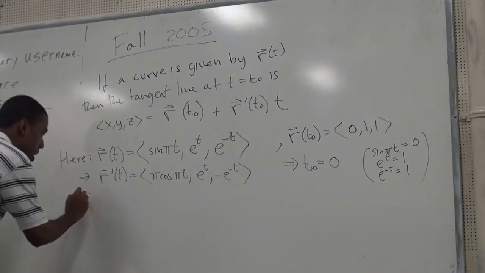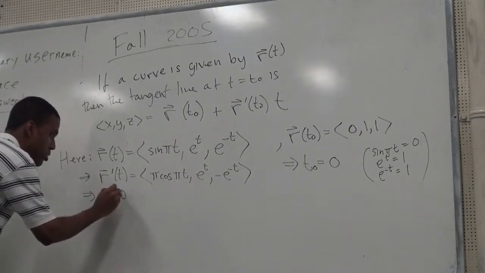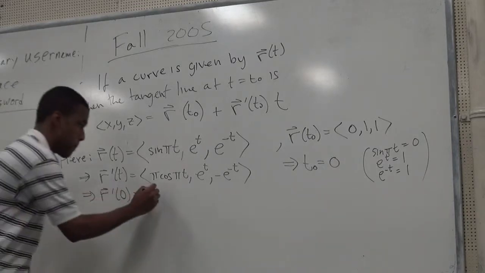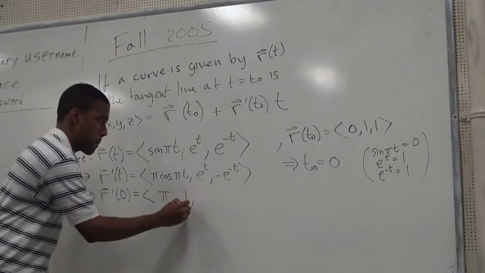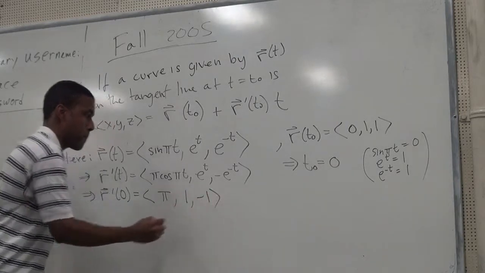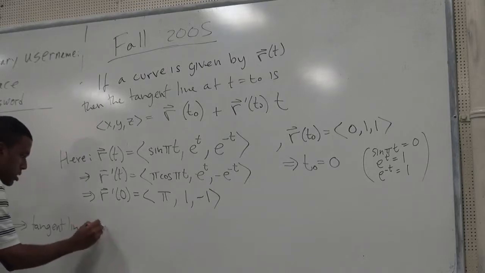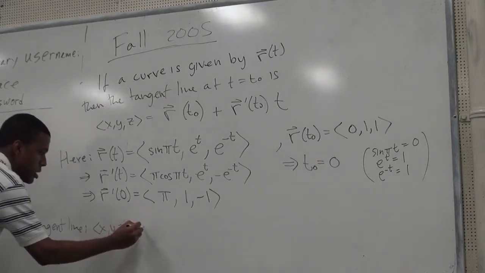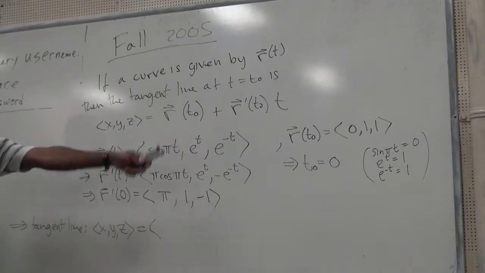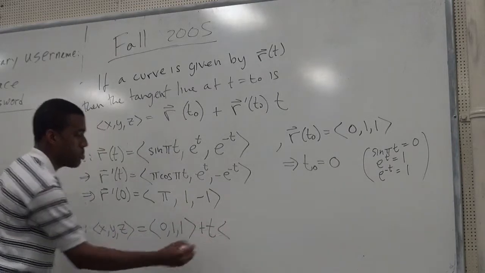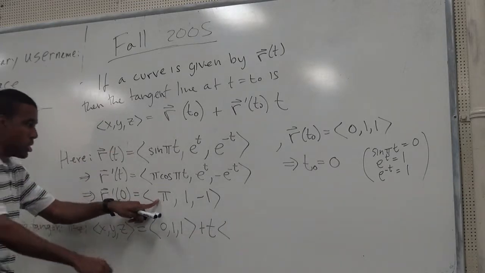Which means I'm going to need to know what r prime of 0 is, which is going to be pi, 1, negative 1. This means the tangent line is x, y, z equals the point, which we know is 0, 1, 1, plus t times the derivative evaluated at t naught.